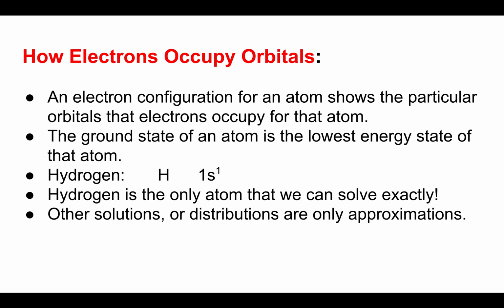So how do we fill our orbitals? For hydrogen, we start with the first principal shell, n equals 1, and we fill 1 electron in the s subshell. We're going to continue this for other atoms. You've done this many times, but except for hydrogen, all these others are just approximations.